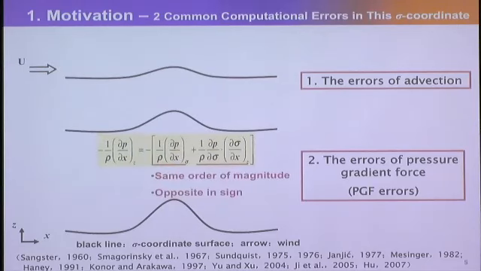For the PGF errors, the expression of the PGF in the sigma coordinate is these two terms. And these two terms always have the same order of magnitude and opposite sign, which induces the PGF errors. And for the advection errors, when we calculate the horizontal advection in the sigma coordinate, we actually calculate it along the steep sigma levels, which induces the advection errors.